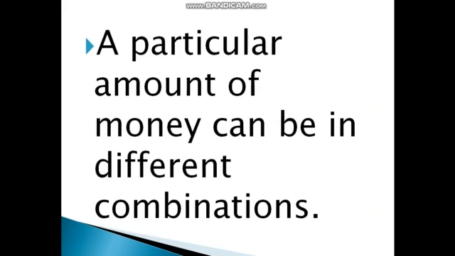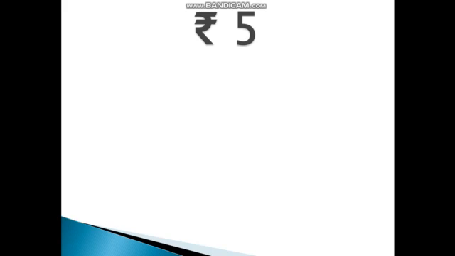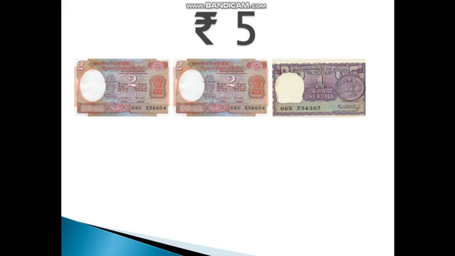And a particular amount of money can be in different combinations. Understood? No. Let us take one example. For example, I have rupees 5. In how many combinations can I have it? I'll show you some examples. See, we can have 5 rupees in this form, means 2 rupees notes and 1 rupee note.